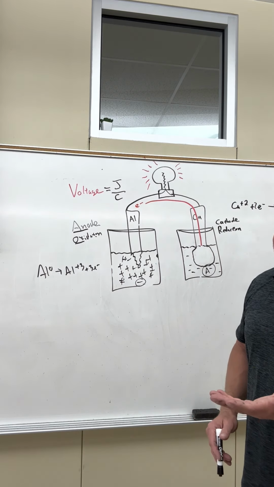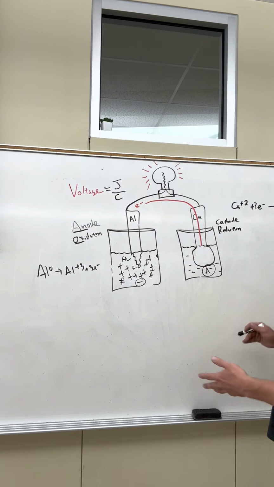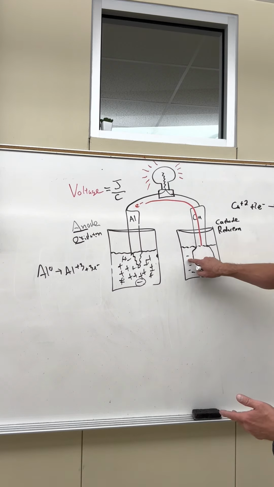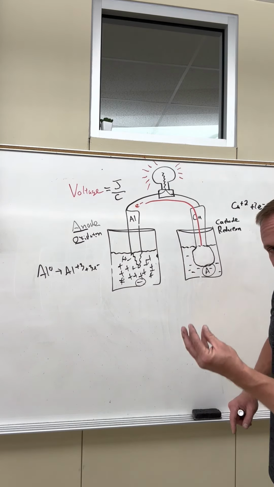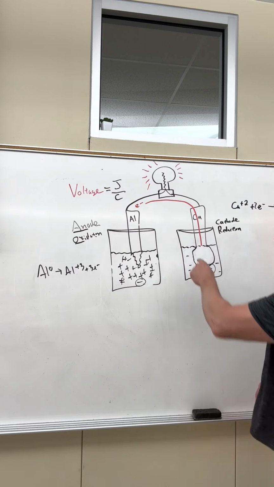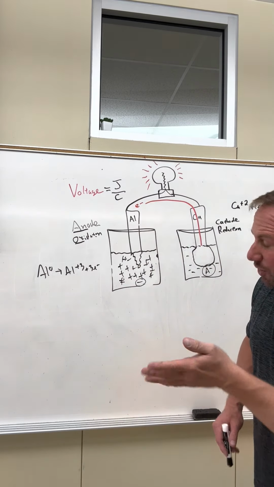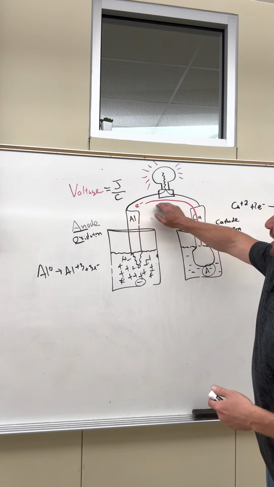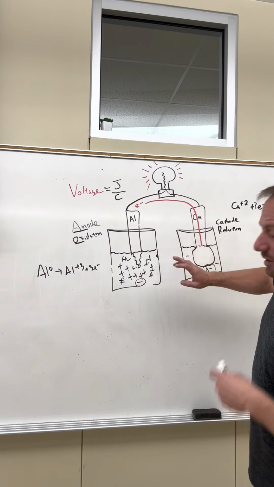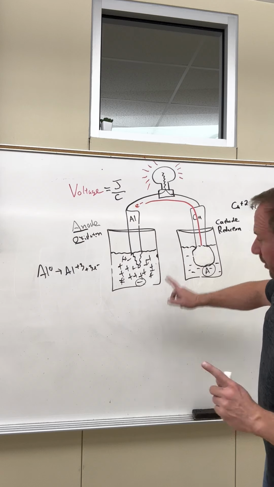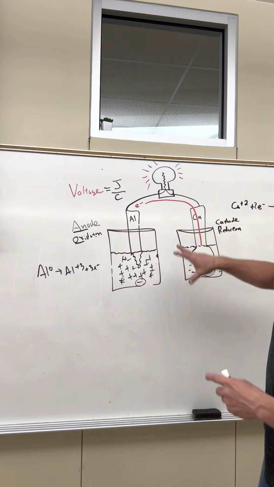Well, there's a problem. As the reaction goes on, these positive charges are dwindling in value, and so the negative charge is actually increasing in value. That's going to cause a decrease in the electrons coming this way, not only because the positive charges are going down, but because the negative repulsive charges are going up.